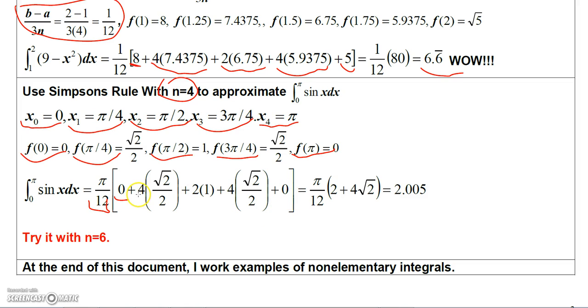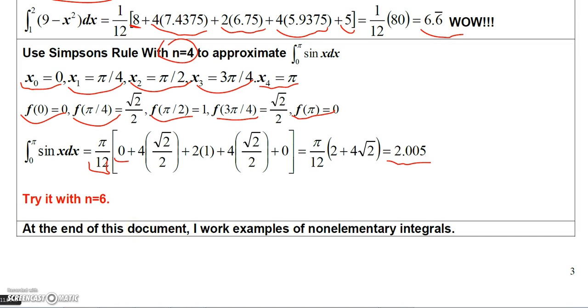Then you add these up, multiply by pi over 12, and you're going to get 2.005. Okay, and you can try it again with n equals 6 if you like.